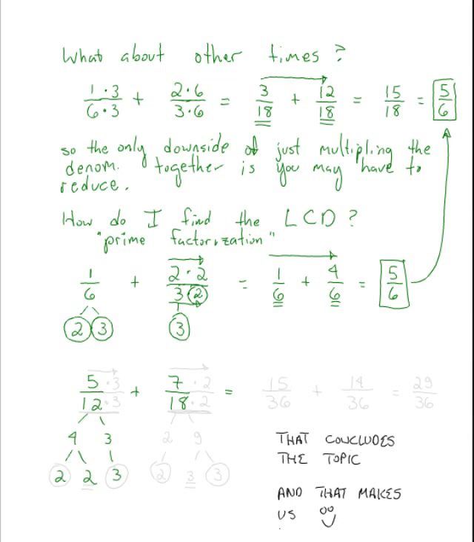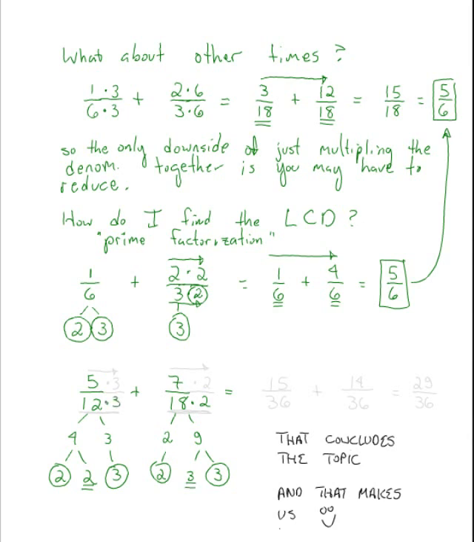And for 18, you're going to have 2 times 9, and bring down the 2, and 3 times 3, right? So what's in common? Well, the 2 is in common in both, and the 3 is in common in both. So the only thing that's missing is the 2 over here, so I need to multiply by 2 over here, and the 3 over here, so I just need to multiply by 3 over here.